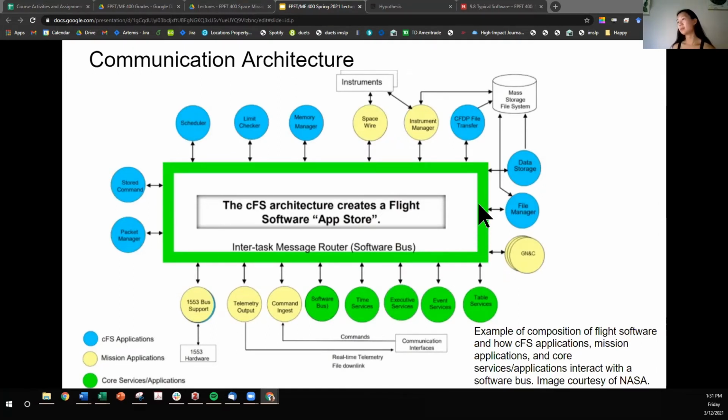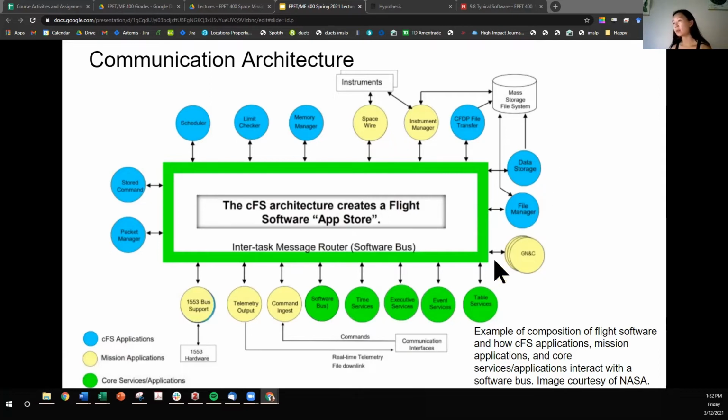I'm extending the core flight system software architecture and describing it further in the communication architecture to give you a more rounded perspective of what software could be like. We have a bunch of these mission applications, and these blue dots are CFS applications.